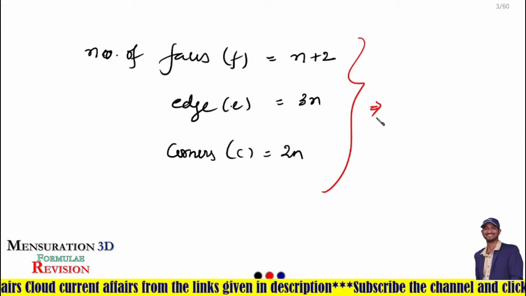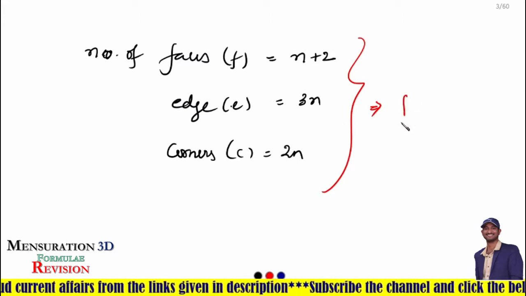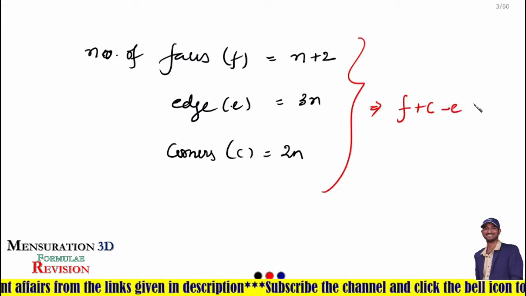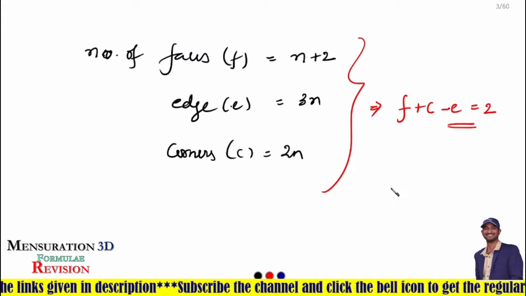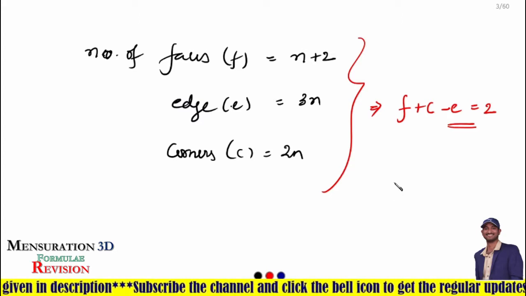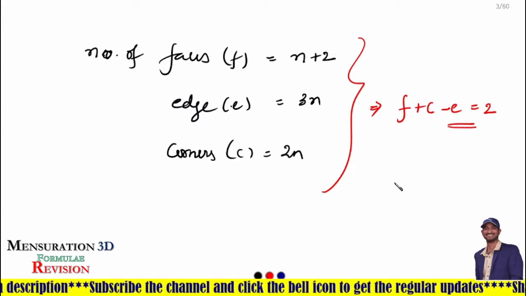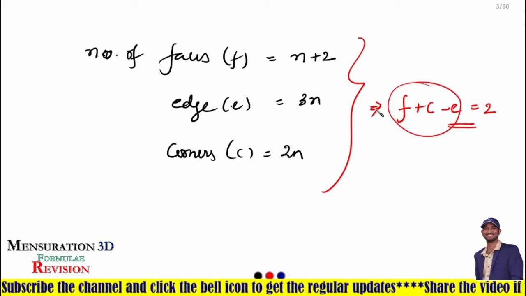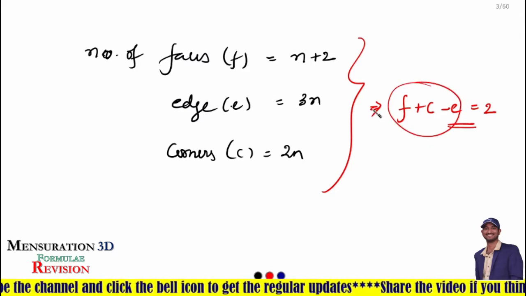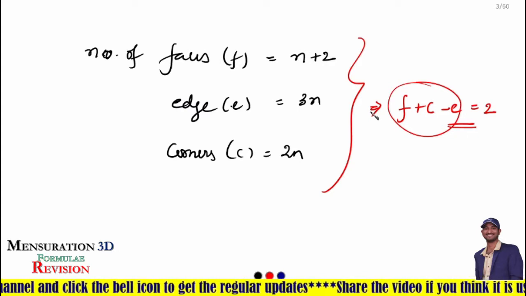From this we can write, in any prism, f plus c minus e is always equal to 2. This formula is also important. Without finding the f, c, e values, if you have a question like f plus c minus e is equal to, then definitely you can put it as 2.